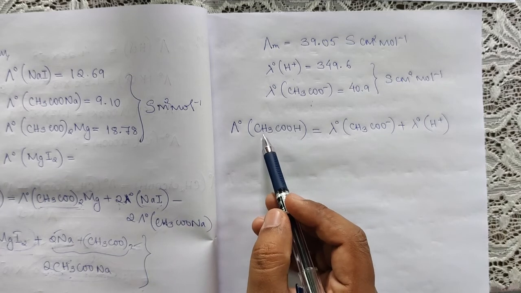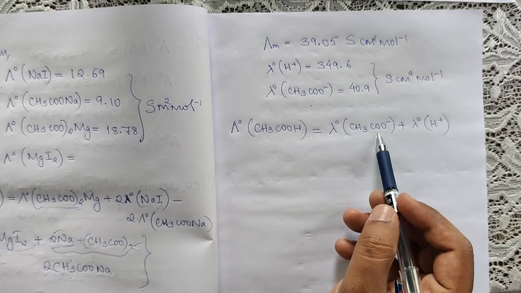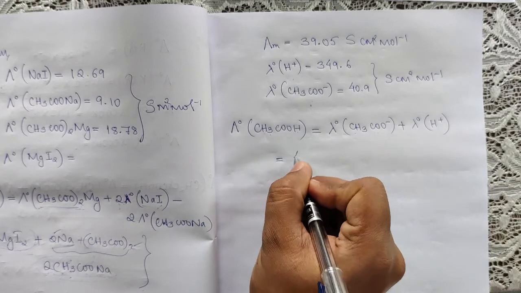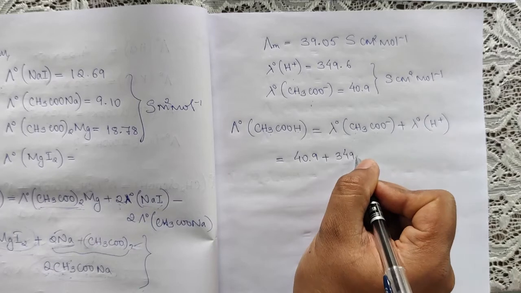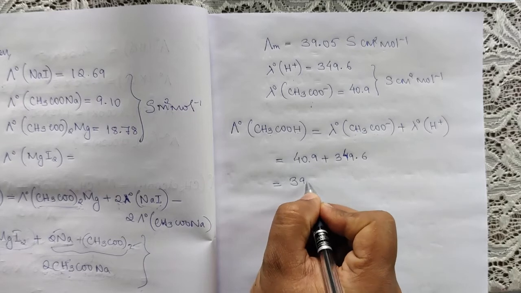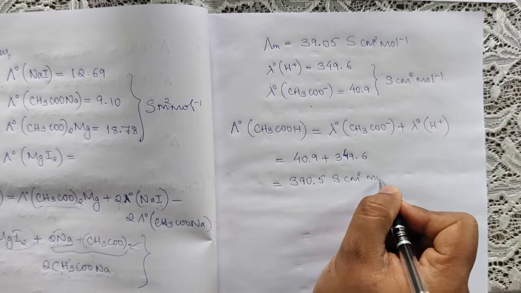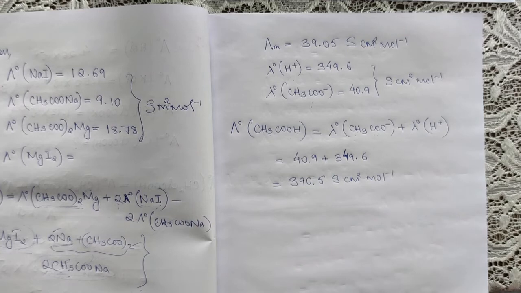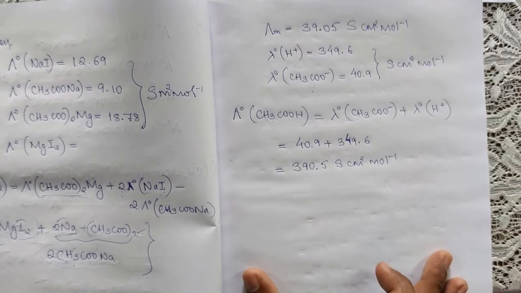So ionic molar conductivity of CH3COOH is equal to... you add these two together, you'll get 390.5 centimeter square per mole. So remember, we are supposed to calculate degree of dissociation.